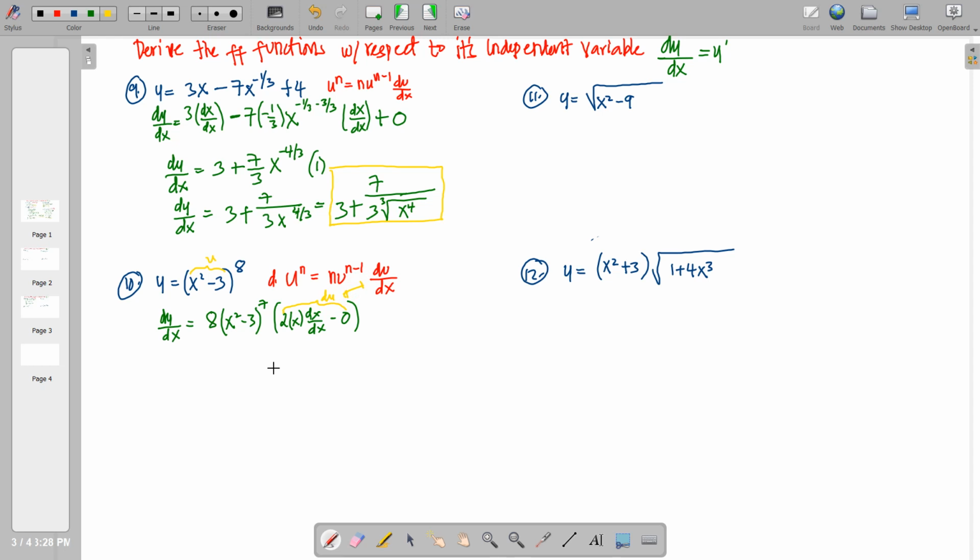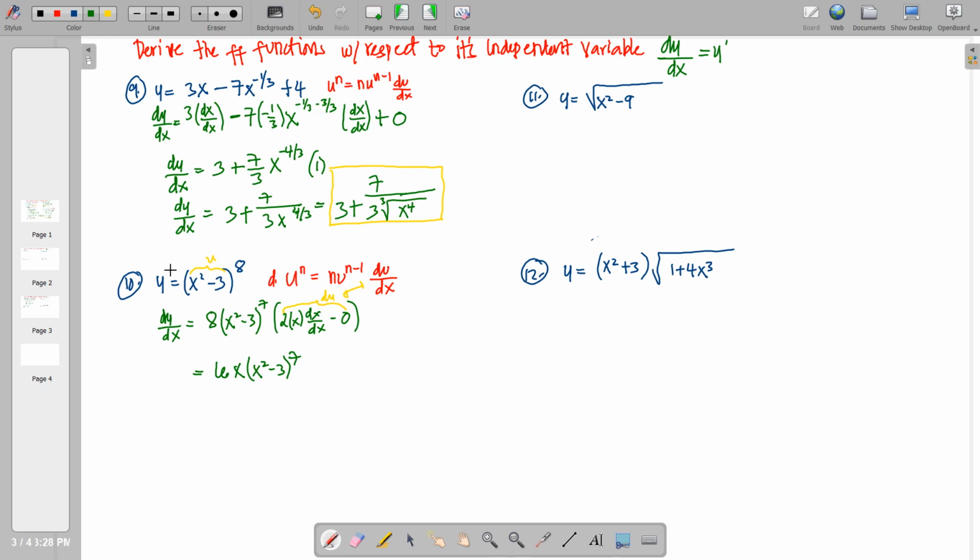And then from that, we'll now have 8 times 2, we have 16x times x squared plus 3 raised to 7.